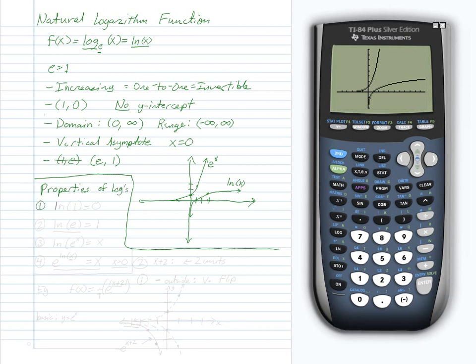Namely, if my argument is 1, if I ask what power should e be raised to give me 1, we know the answer would be 0. If the base of the logarithm matches the argument inside the logarithm, then we just get 1. In other words, if I were to interpret the left-hand side of this as saying, what power must e be raised to, remember our base of e, in order to get e, I would conclude the answer would be 1.